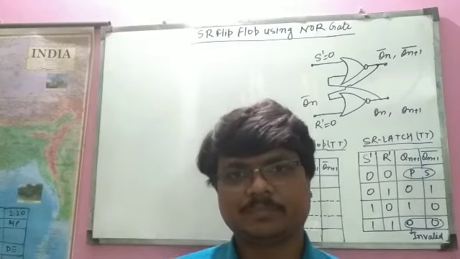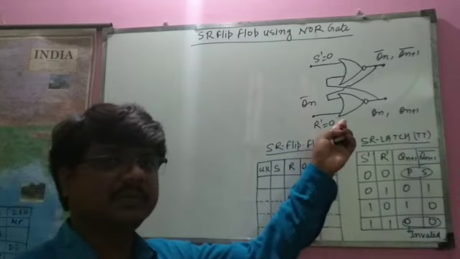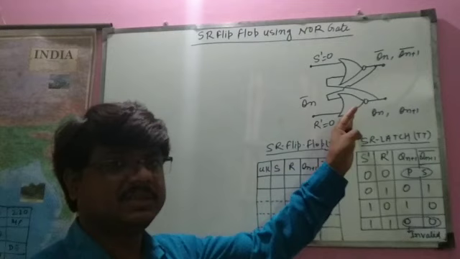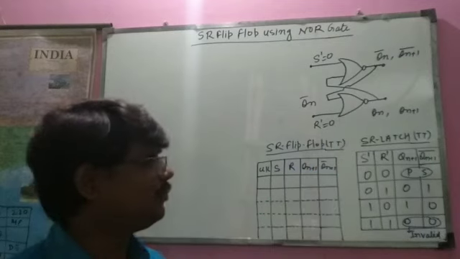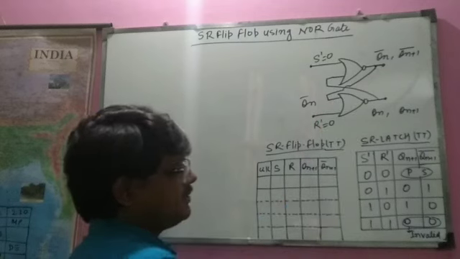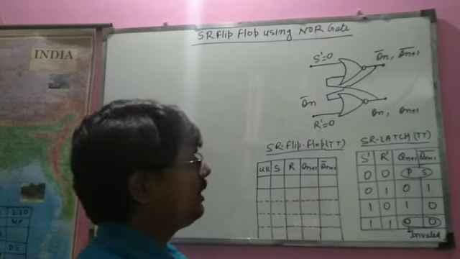Gate. Okay. So in the previous class we have seen the SR latch using NOR gate. So this is the SR latch using NOR gate, and this is the truth table of this SR latch.